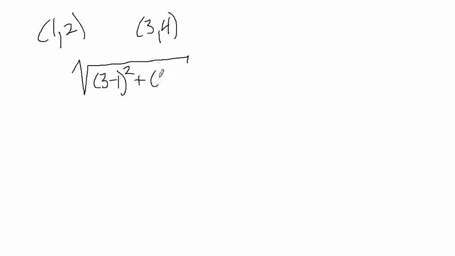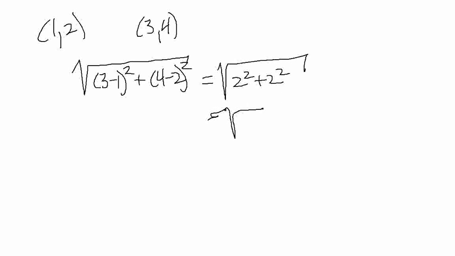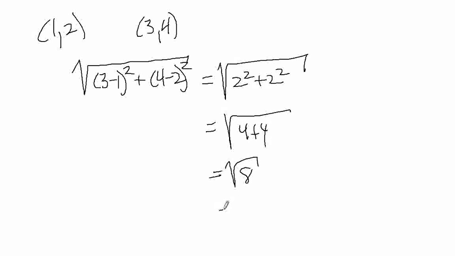The difference in the y coordinates is also 2. So the distance between those 2 points is the square root of 2 squared plus 2 squared, or the square root of 4 plus 4. So the square root of 8, which if you like you can simplify to 2 root 2. All right, so there is one example worked out for you with numbers.